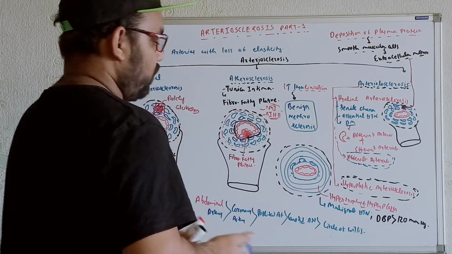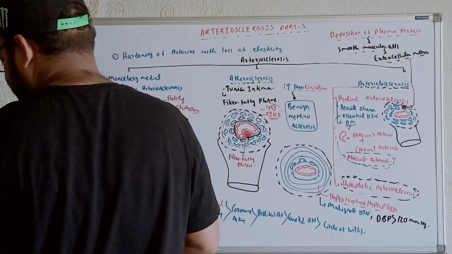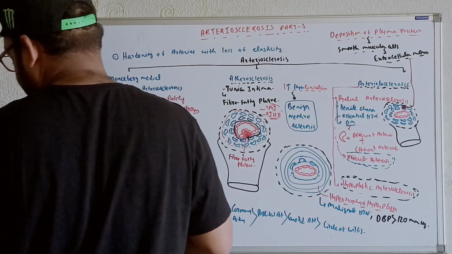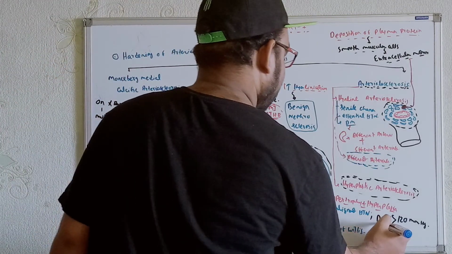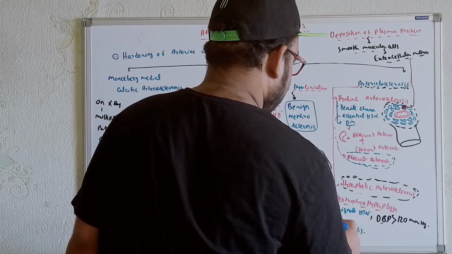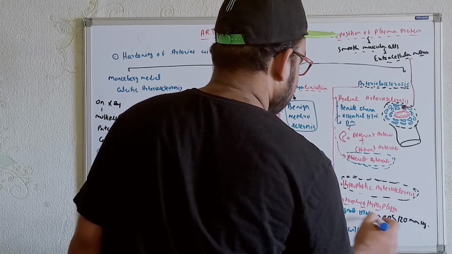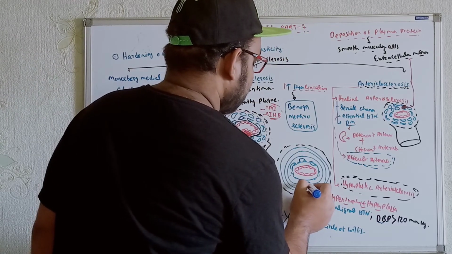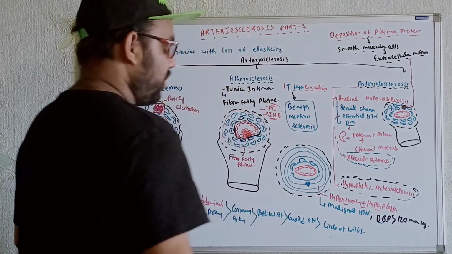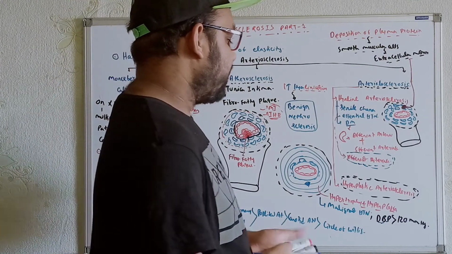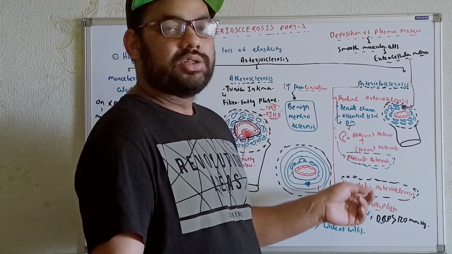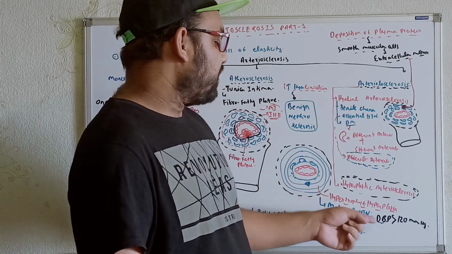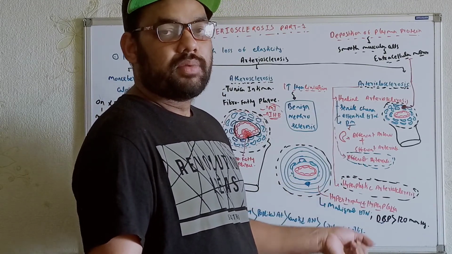Now, okay, let's talk some more points about it. Whenever we're getting malignant hypertension, in these cases sometimes we can get the formation of necrosis in these regions. So if you want to define hyperplastic arteriolosclerosis, we can define it in this way: the diastolic blood pressure will be more than 120 mm of mercury.